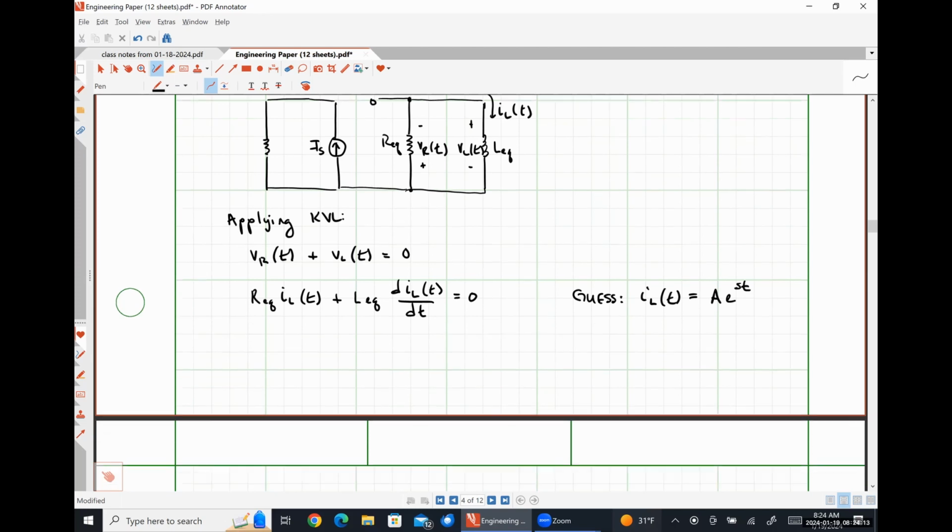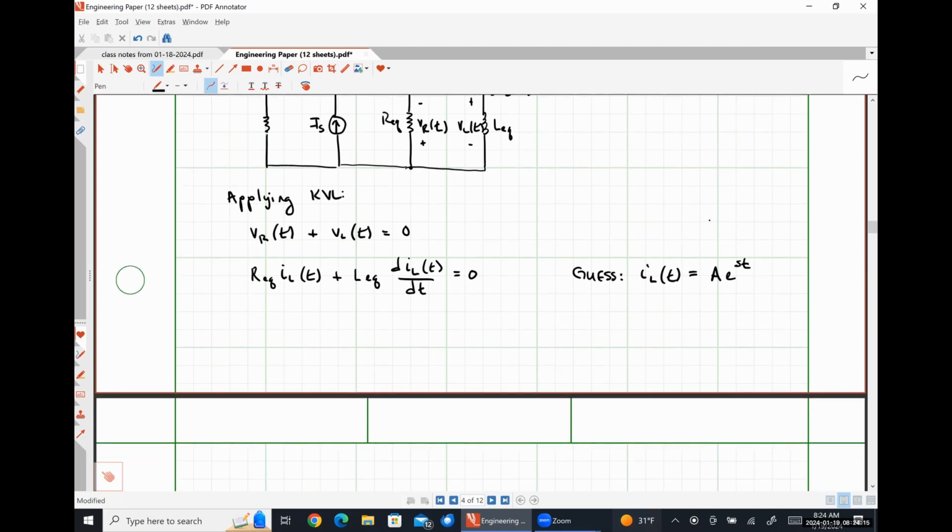So if I substitute this guess value back in, what I'll get is A times REQ e to the st plus SA LEQ e to the st is equal to 0.